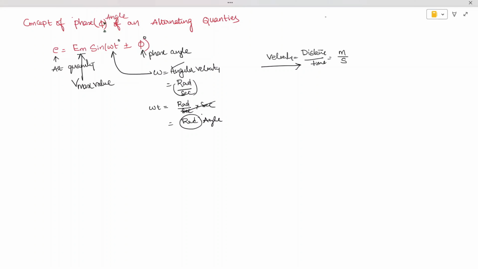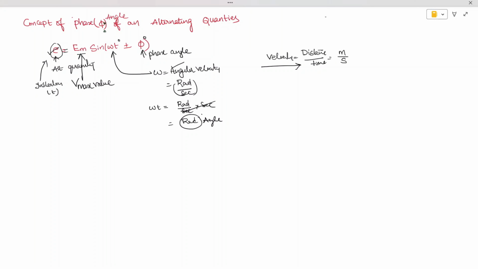So here we are going to have three phase angles. Let's try to understand. E represents the instantaneous quantity. Instantaneous means it is available only for that instant of time, at t equal to 1 second, 2 seconds, 3 seconds. These types of quantities are called instantaneous alternating quantities.